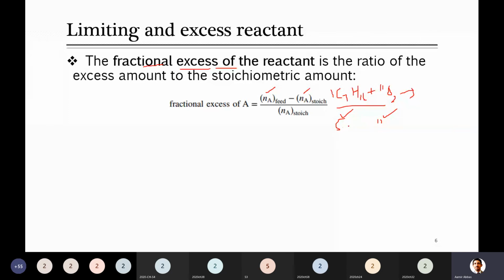So now here, when I gave you 5 moles of heptane and 11 moles of oxygen, for this reaction, initially when the reaction starts, you will need 1 mole of heptane and it will react with 11 moles of oxygen and produce some product.